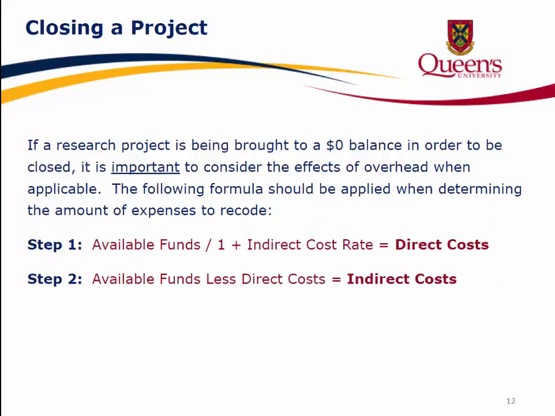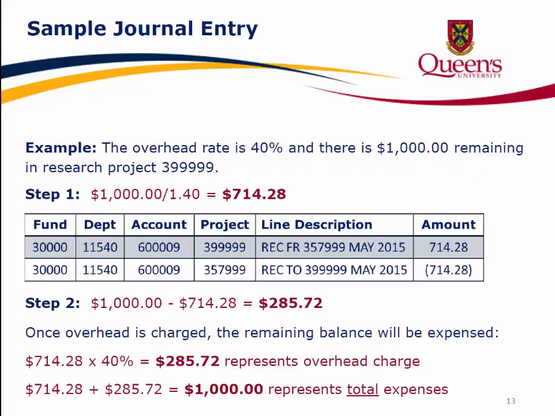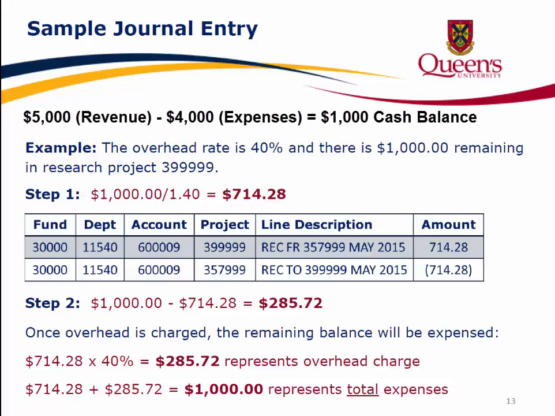When recoding expenses, it is important to consider the effects of overhead, if applicable. In order to better understand this concept, we will now review an example in more detail. Let us consider a project which has received revenue totaling $5,000 and has incurred expenses to date totaling $4,000.